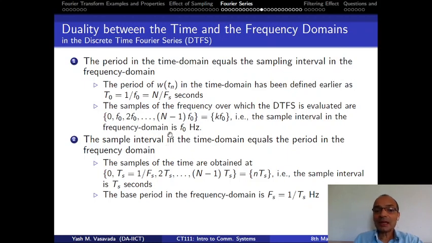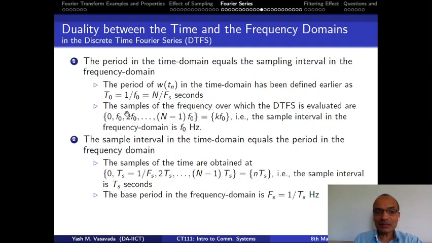The sampling in time domain is causing that periodicity. The samples are also uniformly obtained in the time domain, just like the frequency samples. Our samples are obtained at 0, t of s, which is 1 over f of s, 2 times t of s, up to n minus 1 times t of s.